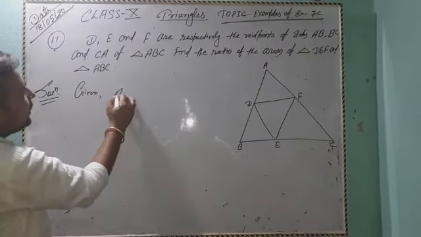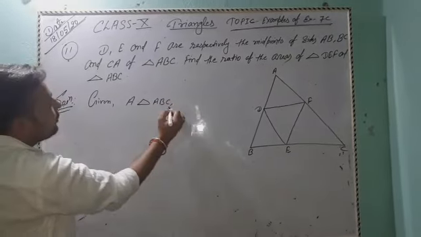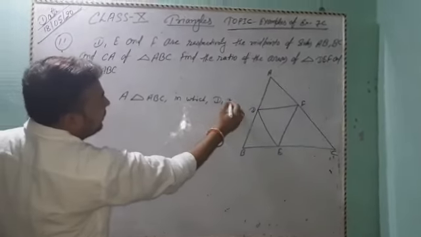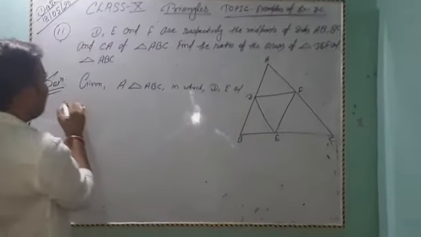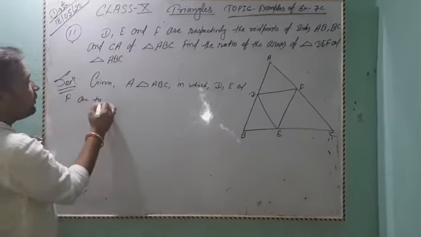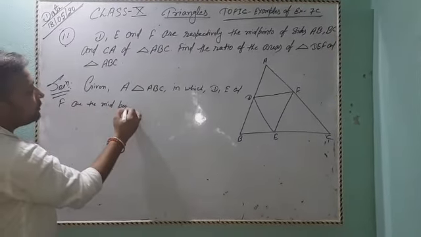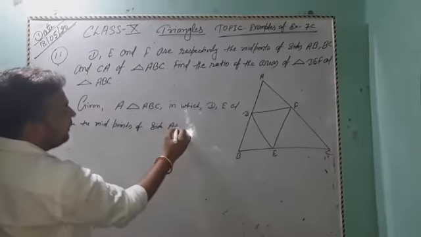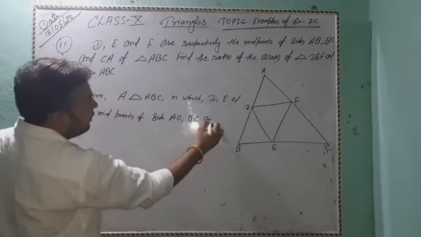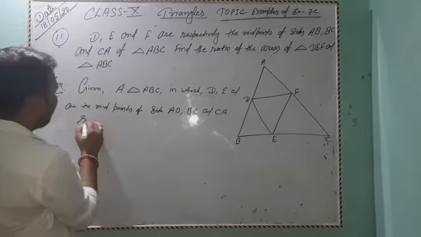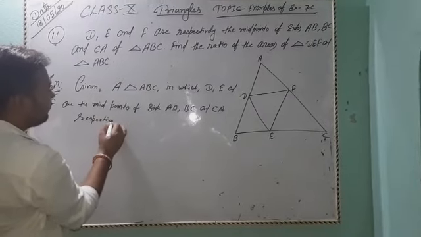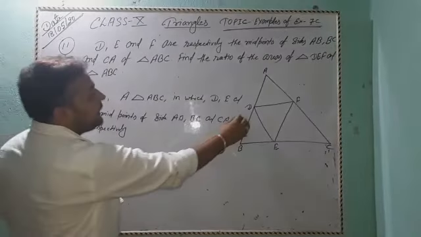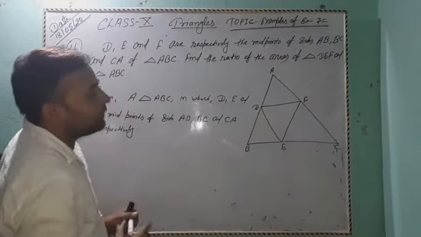Given a triangle ABC in which D, E and F are the midpoints of side AB, BC and CA respectively. Okay. So D and F are the midpoints.